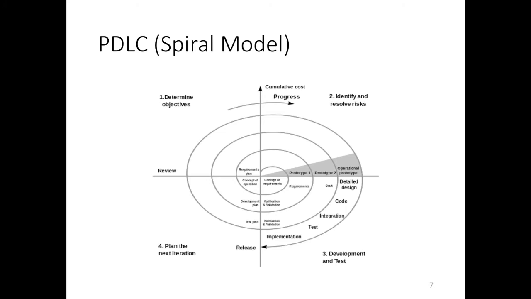One is called the spiral model, which means we don't collect all the requirements. We start small. We just have some concepts first, then code it up. Then we start to collect more requirements, then code it up again. So the key part is things start from small until they finish. Then you have built multiple prototypes along the way and tested them along the way.